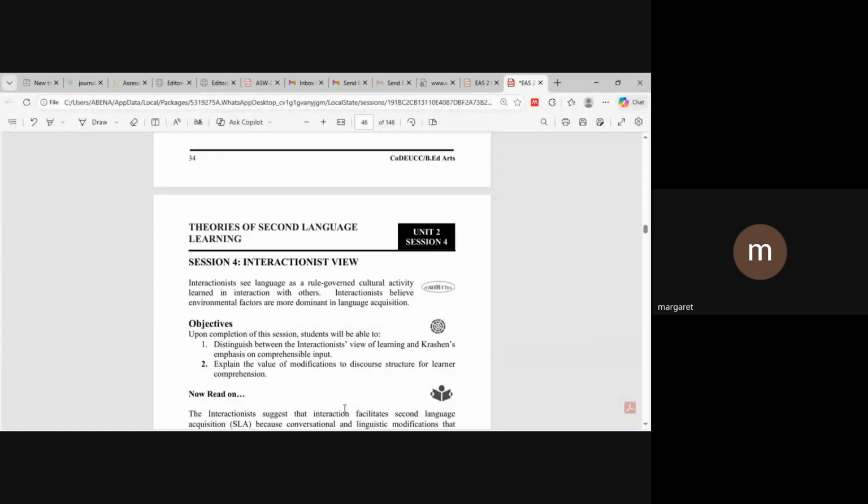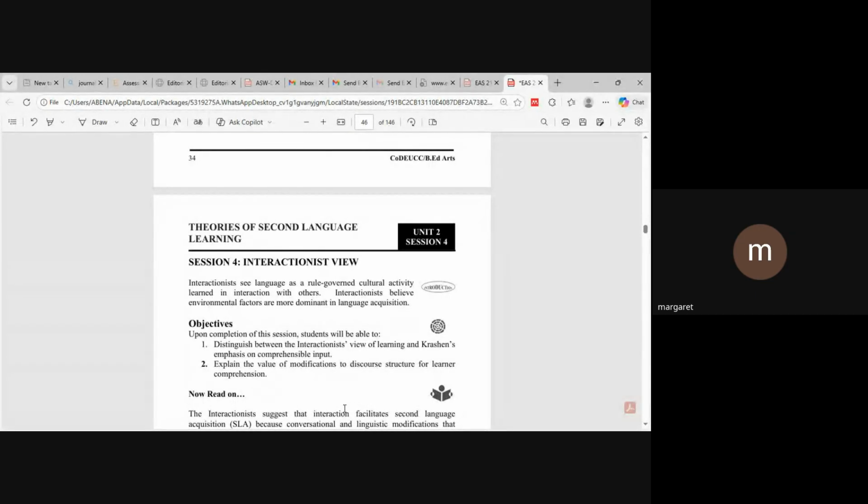Comprehensible input can come from the child interacting with texts like textbooks. So that is the distinction there. With the interactionist point of view, input comes from the entire social environment where the learner can interact.